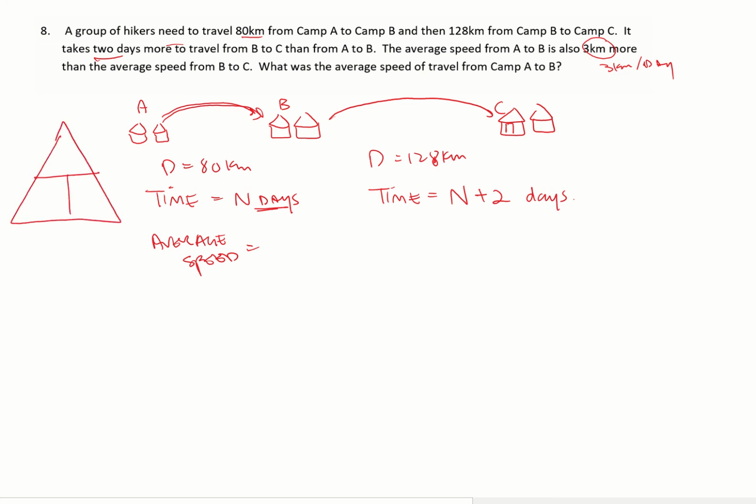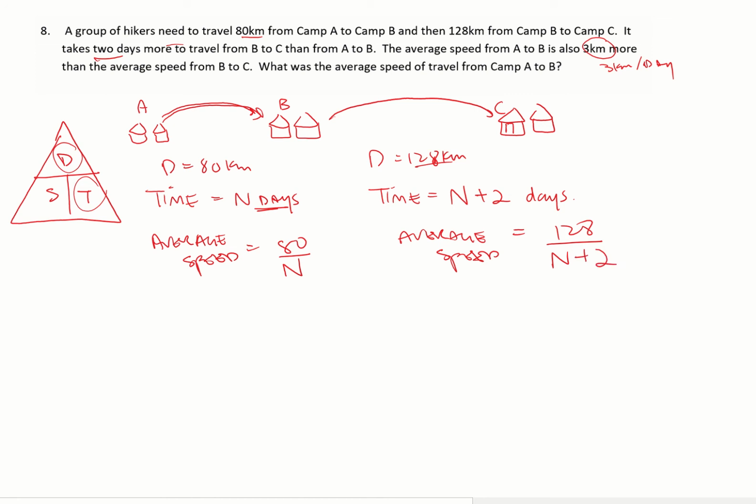So whenever you're dealing with speed, time, distance, all you have to remember is STD. Not the other one, but for speed, time, distance. So your speed is equal to distance over time. So whatever the speed here is, it's going to be 80 over n. That's your average speed traveling from A to B. And the average speed in the other one, the distance is 128, so 128 over n plus 2.